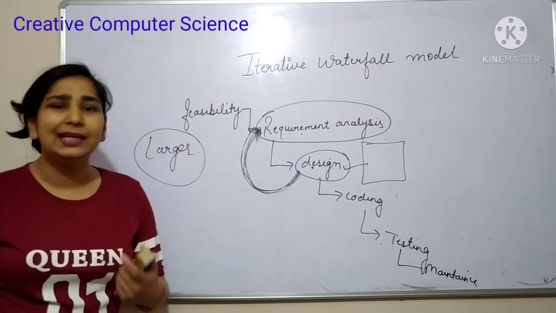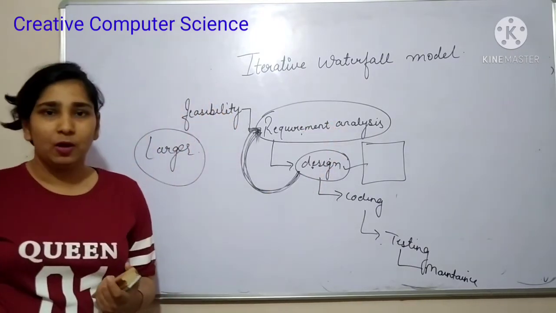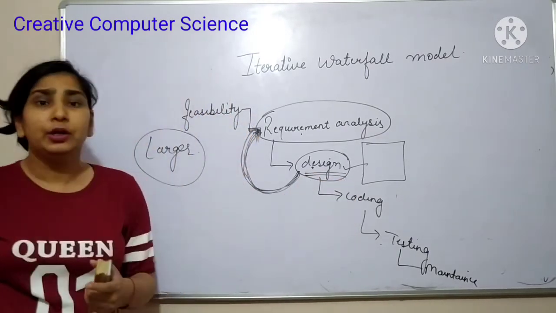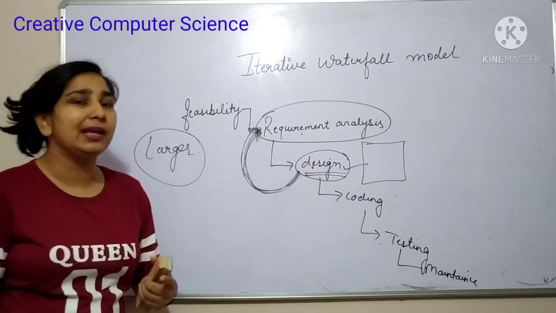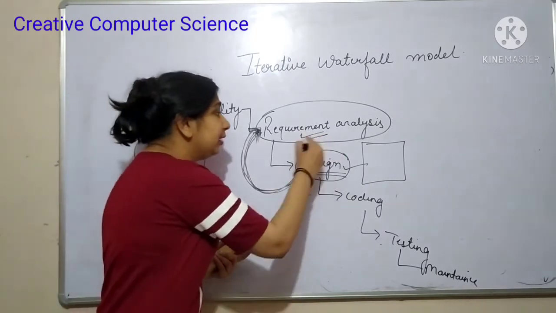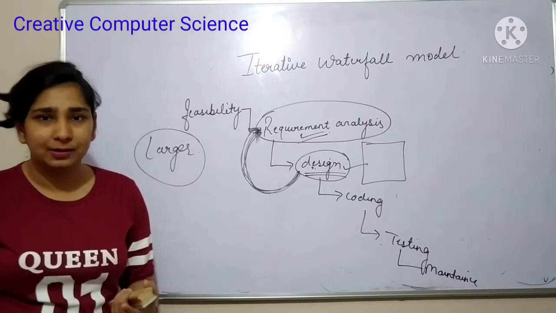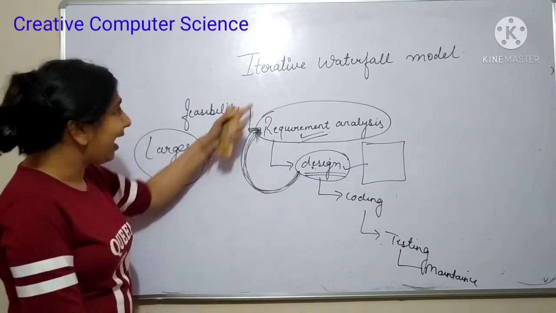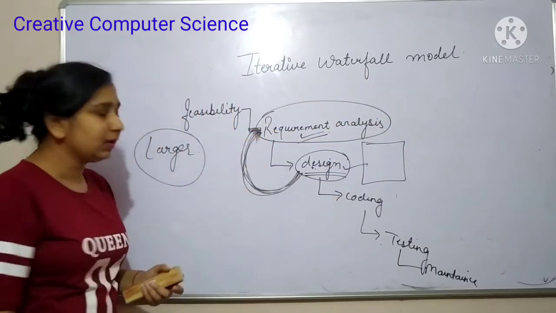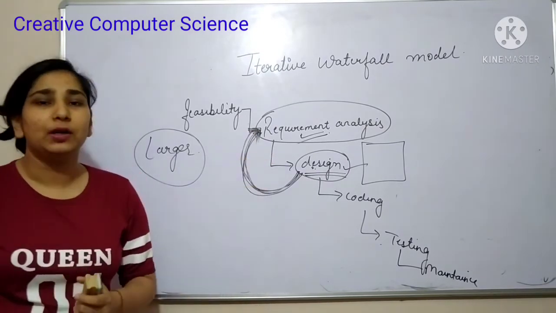There is definitely a chance that you might leave out some requirements, and at a later point when you are designing your product and making flow diagrams, you realize that you should add one more functionality to the product. So in the iterative waterfall model we can go back. It improves the shortcomings of the classical waterfall model.